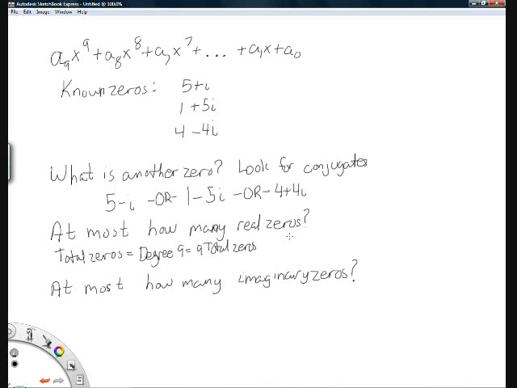The number of complex zeros on the screen here is 6. So there are 6 complex zeros shown. So through simple arithmetic, if there's 9 total and 6 of them are complex, that means there are 3 real zeros potentially.